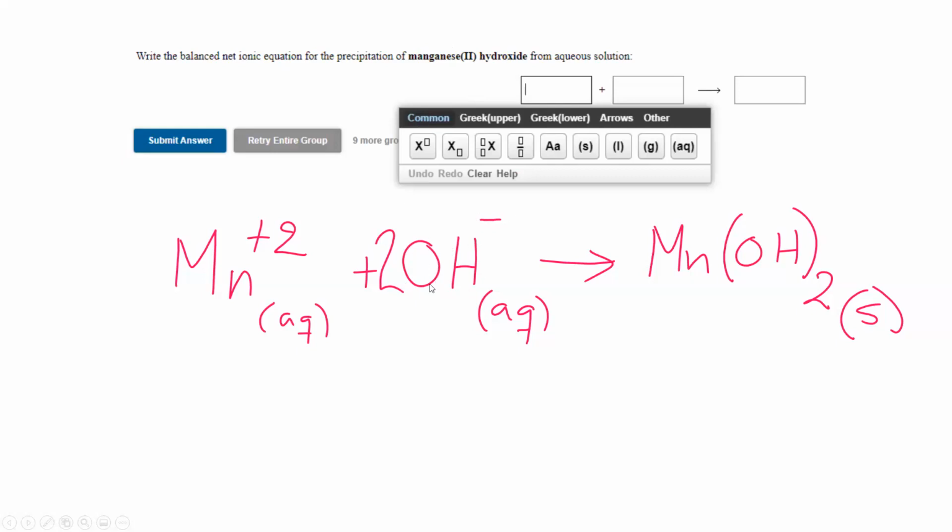So you need 2 hydroxide per 1 manganese, that is +2, in order to balance the charges of this compound. Both are in aqueous solution, but when they react, they yield a solid. Remember that the symbol of solid and the 2 in hydroxide are subscripts, and you need to press this symbol to block the 2 and the solid symbol.